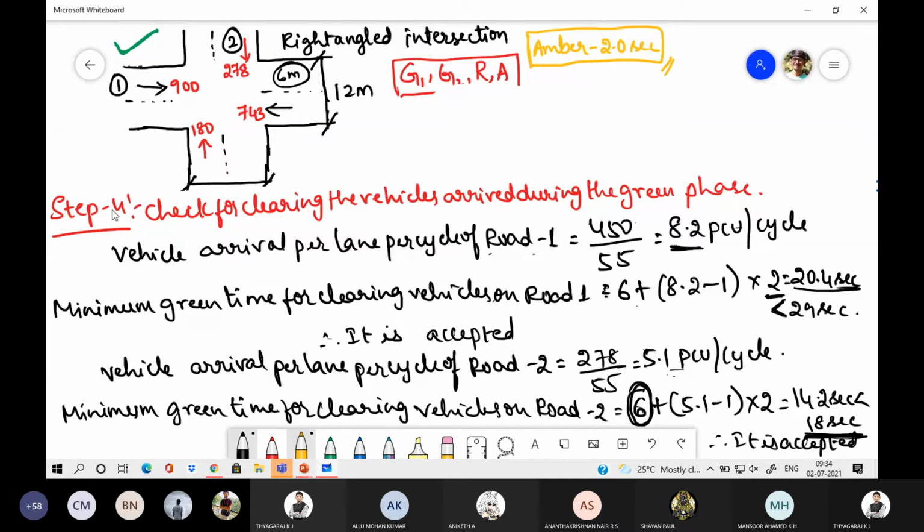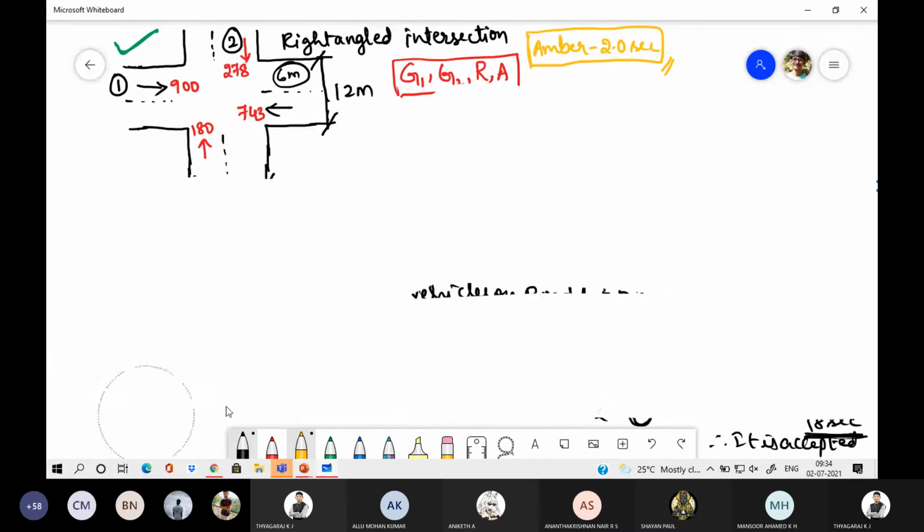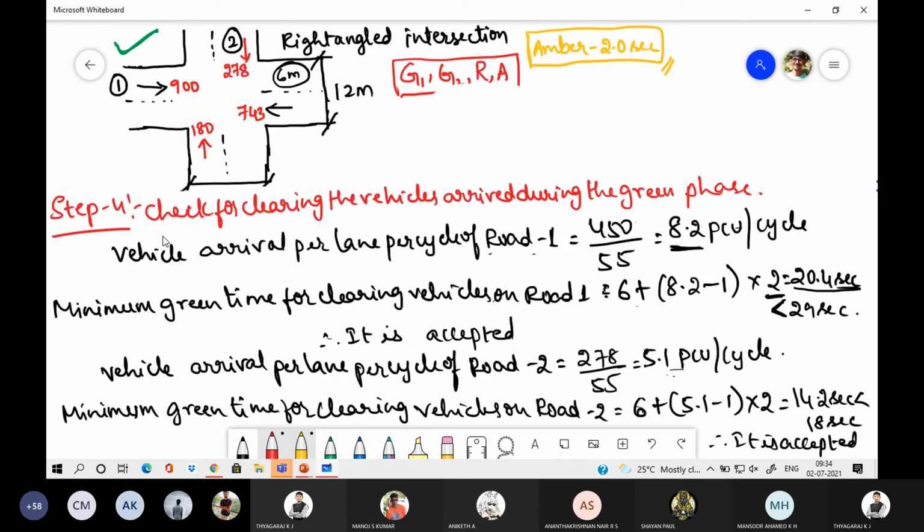Now we'll go for step 5. The problem looks lengthy, but it is easy when you understand carefully. Step 5. Sir, go slowly, sir. We didn't copy. Oh, okay. Copy. I'll write it back.